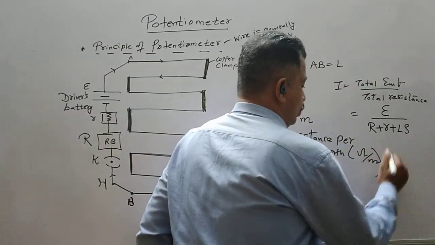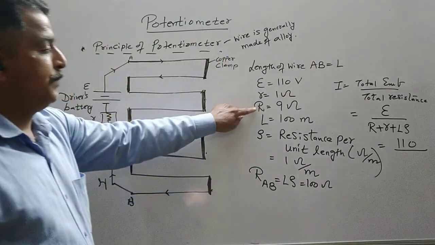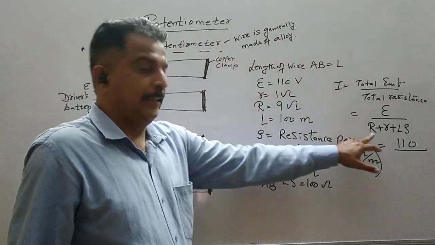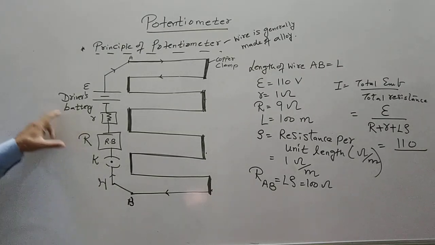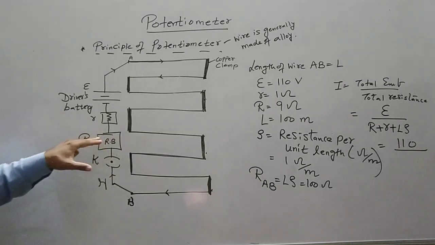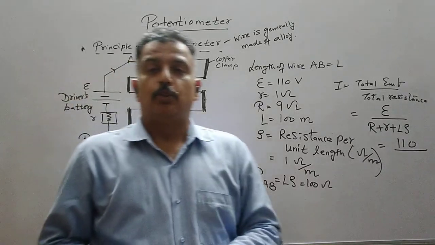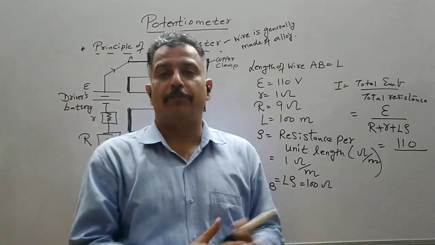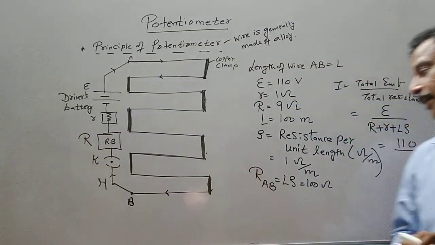If I substitute this value, say 110 divided by... it is not necessary that you always connect a resistance box, but an external resistance is connected in the circuit to maintain the flow of the current, which would otherwise be dangerously high.